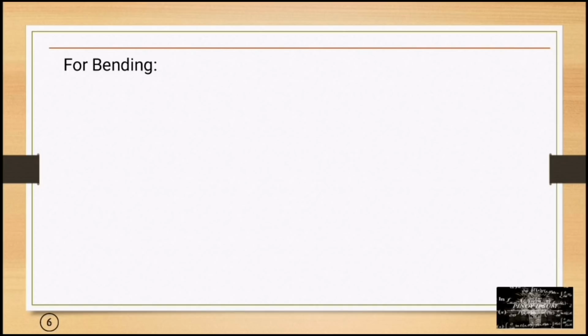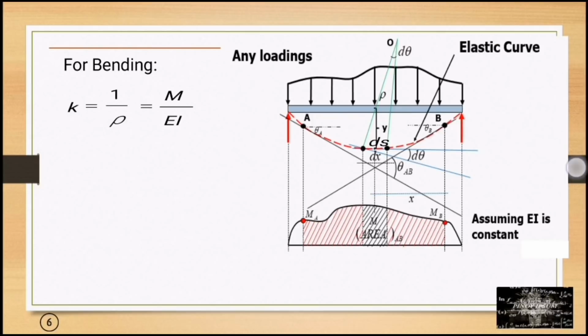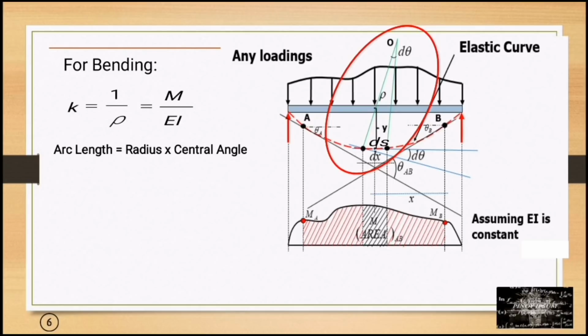Now for bending, K is equal to 1 over rho, which is equal to M over EI. Now let us focus on the green lines. Arc length is equal to radius times the central angle. So dx is equal to ds, our arc length.